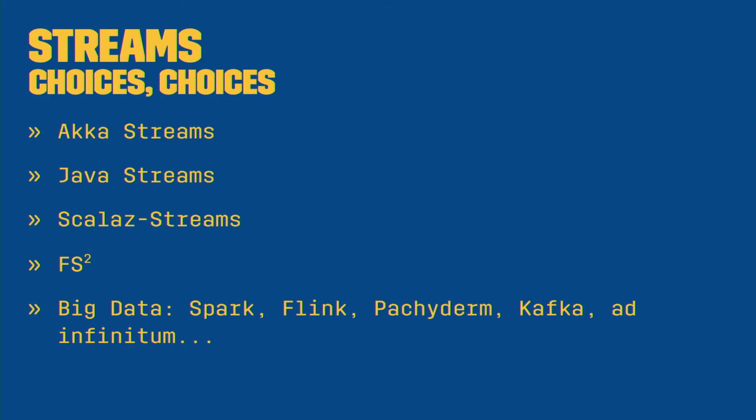So when it comes to using streams, you have lots of choices. You do not suffer from a scarcity. You have obviously Akka Streams and Java Streams and scalaz-streams and the successor to that, which is FS2, and then lots of other stuff. And that's just easily accessible from Scala. In the big data space, you have Spark and Flink and Pachyderm and Kafka and just on and on and on.